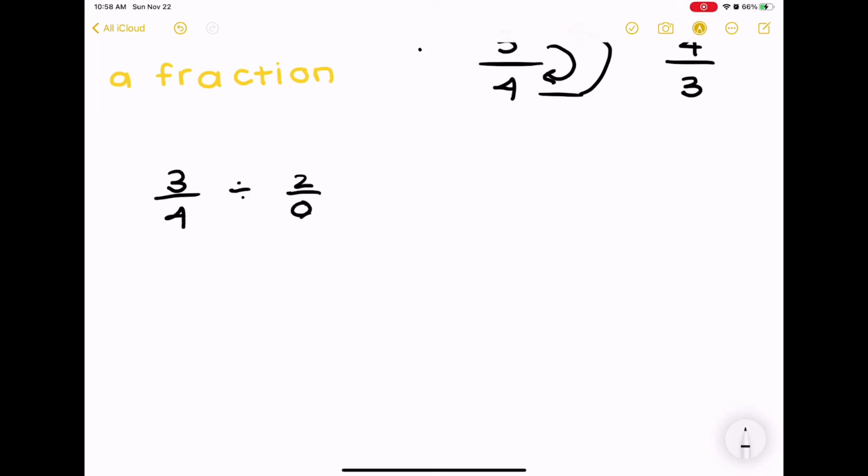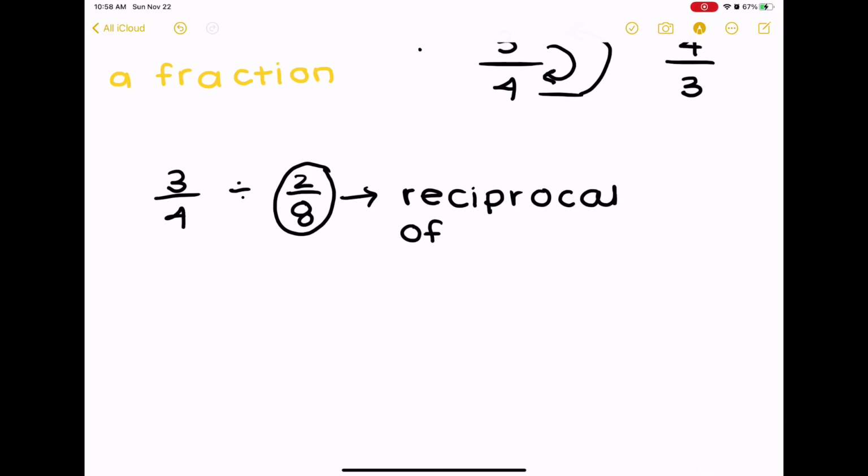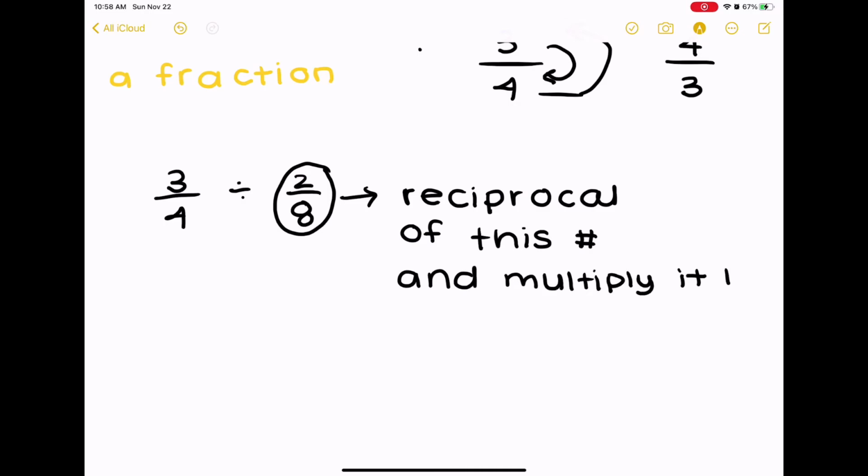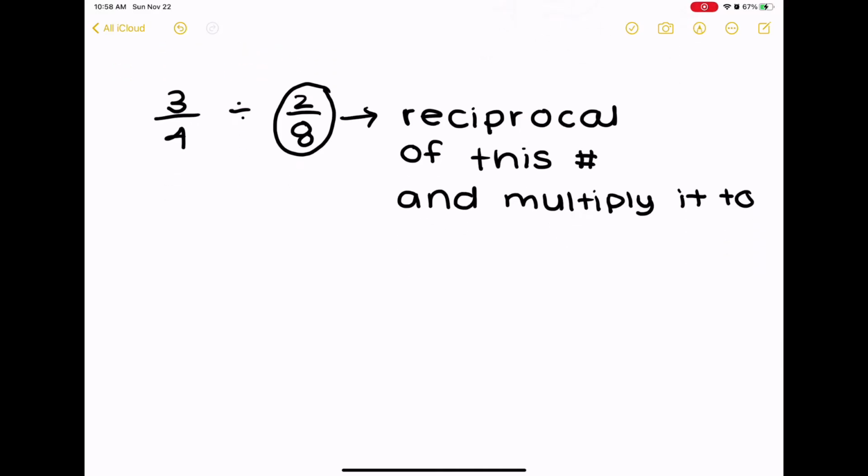So let's say we have 3 over 4 divided by 2 over 8. We're going to take the reciprocal of the second number. In this case, the reciprocal of this is 8 over 2, and then you just multiply them. Once you find the reciprocal, you go ahead and multiply the two fractions that you have.